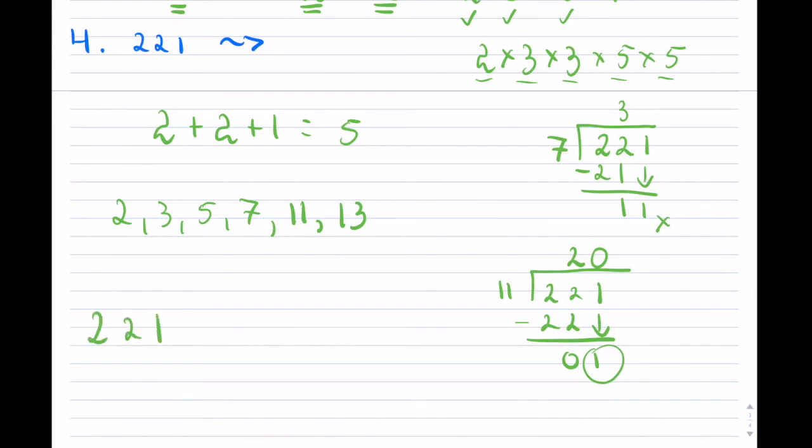And that means that 13 times 17 gives me 221. 13 is a prime, and 17 is also a prime. And that becomes the prime factorization of 221. I cannot break this down any further because both factors, 13 and 17, are prime.